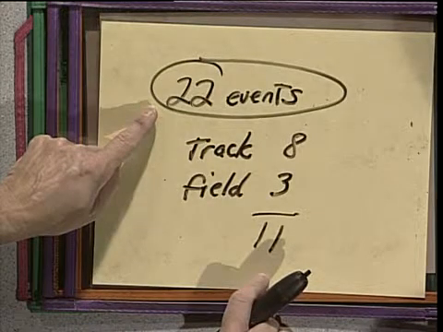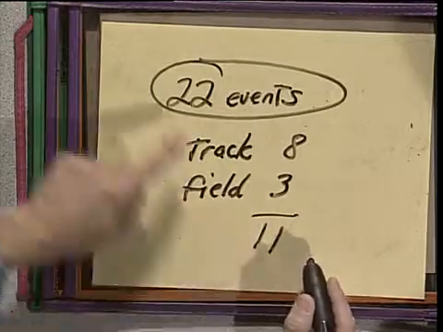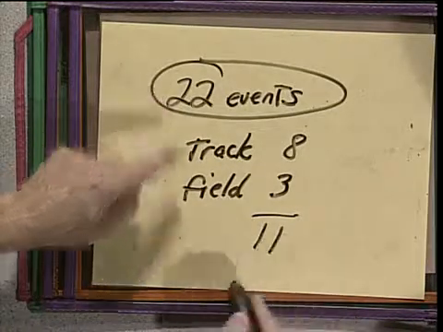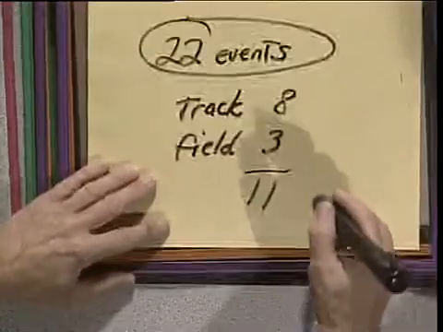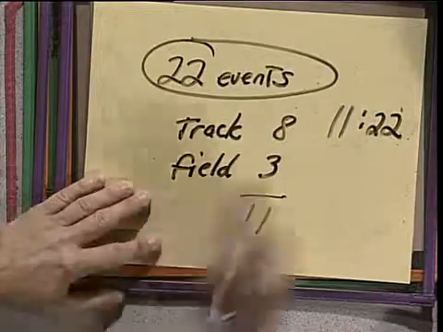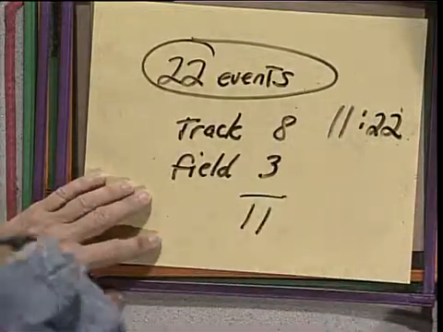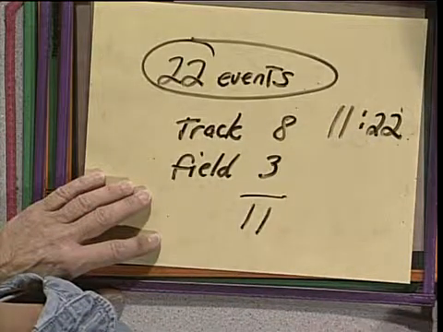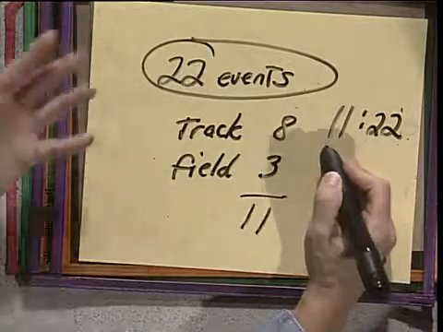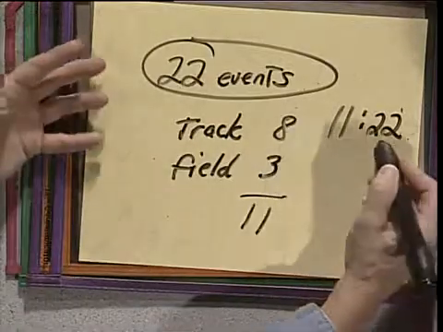What's the relationship from 11 to 22? How do we get from 11 to 22? What do we have to do to those numbers? What do we have to do to 11 to make it 22?